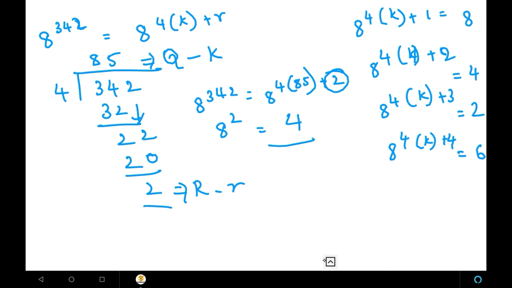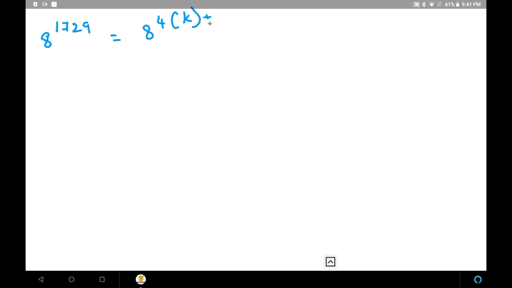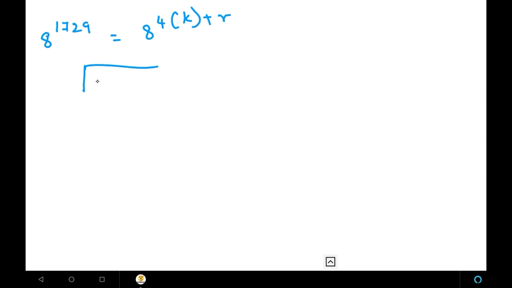So there is another problem. For a clear explanation, I will explain. The problem is 8 power 1729. This one should be written in the form of 8 power 4 into k plus the remainder. For that I have to divide the number 1729 by 4.